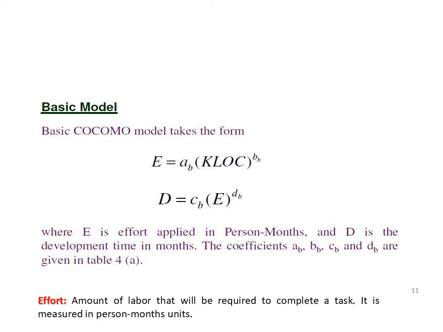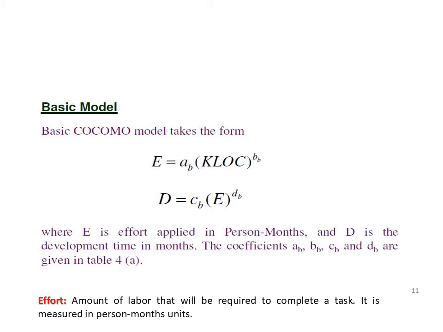So in the basic COCOMO model, we are going to estimate the effort, duration and other project attributes. The equation for finding the effort is E equal to A into KLOC raised to B, where KLOC is the already estimated size of our project, and A and B are coefficients obtained from previous data.